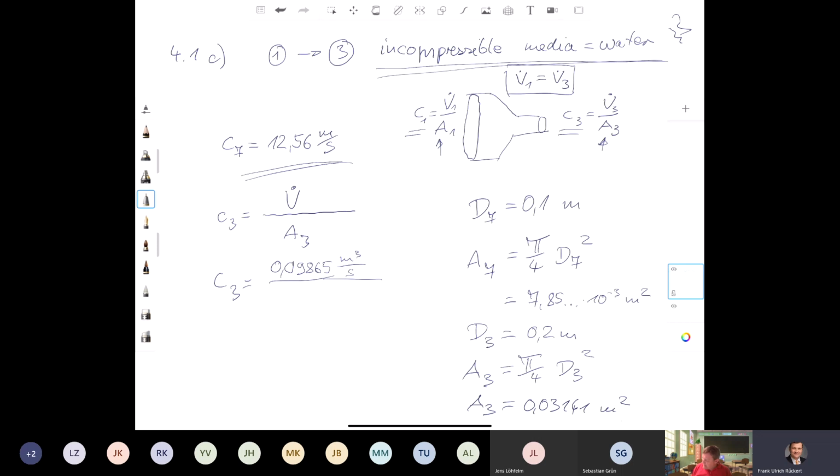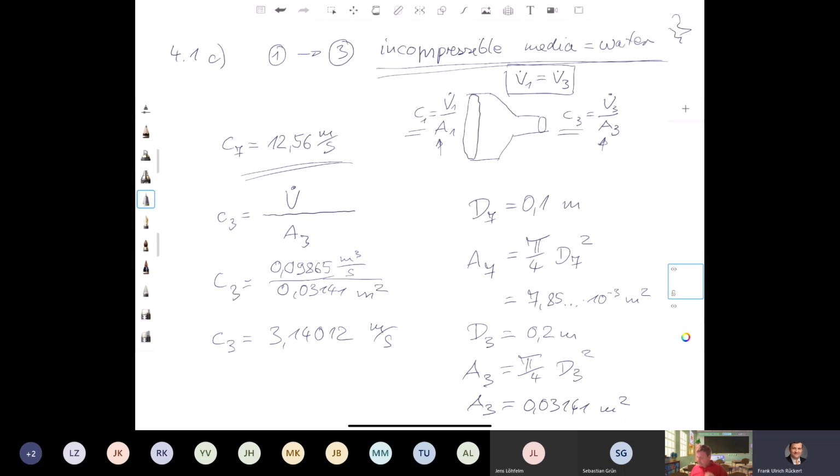Okay. Divided by the area, for A1 square meter. And now you get, I do the calculation, 0.09865 divided by the area, and it's about 3.14012 meters per second.